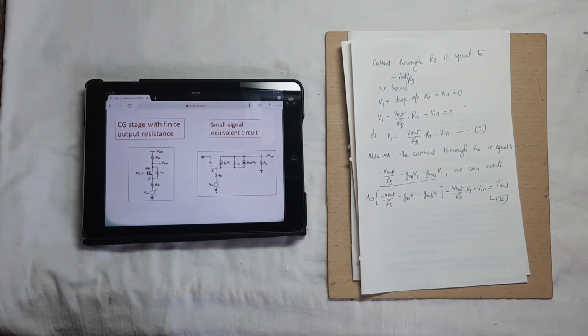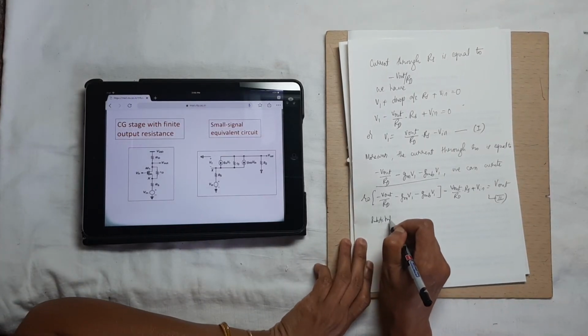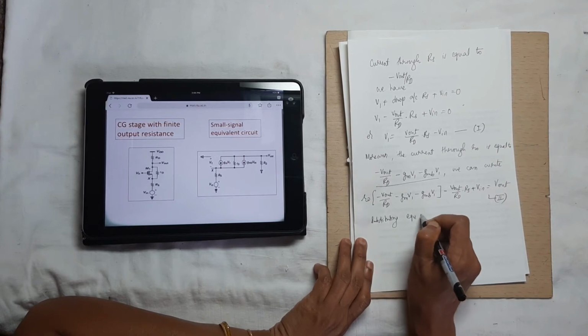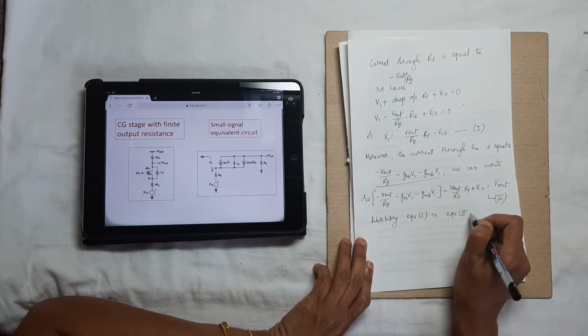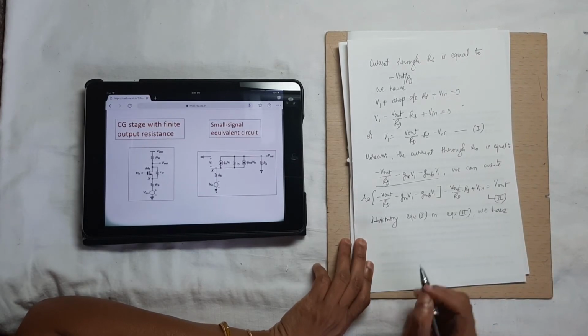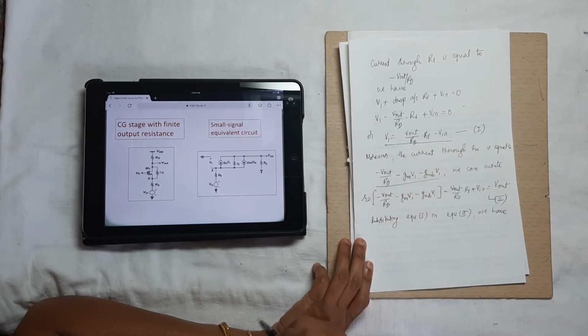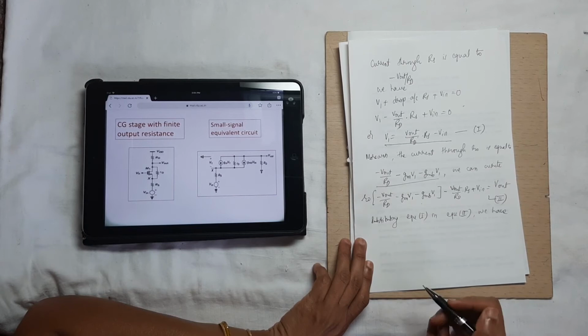Substituting equation 1 in equation 2, we have equation 1 as this. Substitute this V1 here and then simplify it.